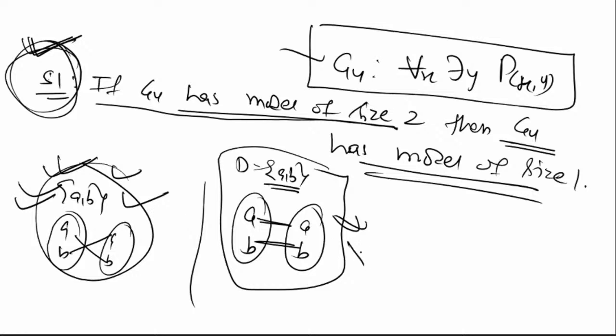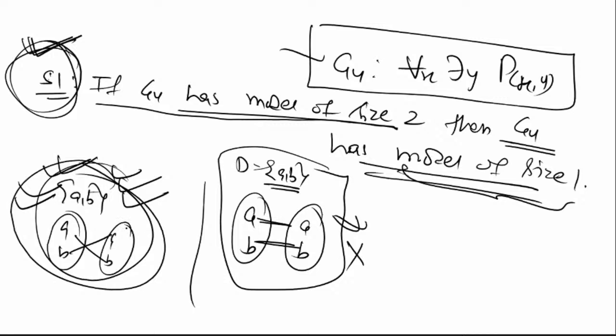Intentionally I did not make the other model because it will not work as a counter example. I told you I want to prove this false. I will try my best to prove this false, and I have proven it false because for this environment I have a model of size 2, but I cannot guarantee a model of size 1. So that's why this statement S1 is false.